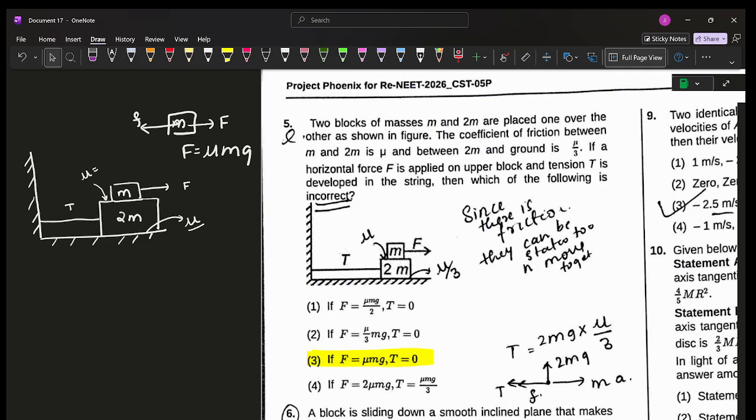As long as the lower block remains at rest, the force can move the upper block. So if it has to remain at rest, tension has to be zero. And the force should be somewhere between 0 and the maximum frictional force. Right, it's simple logic.